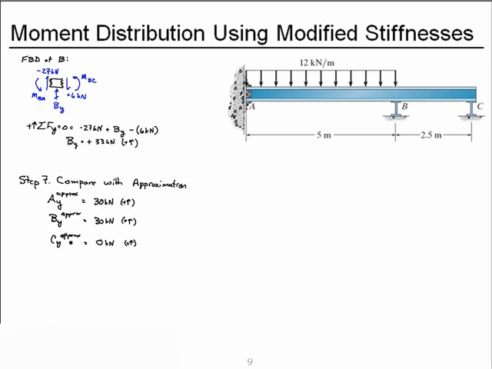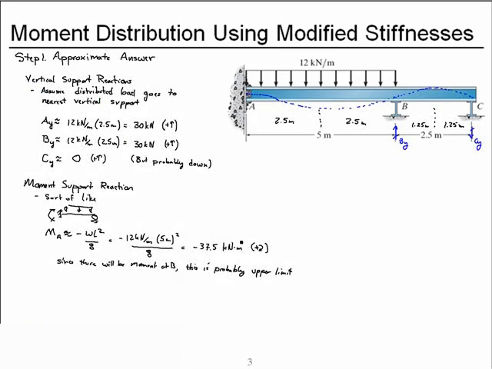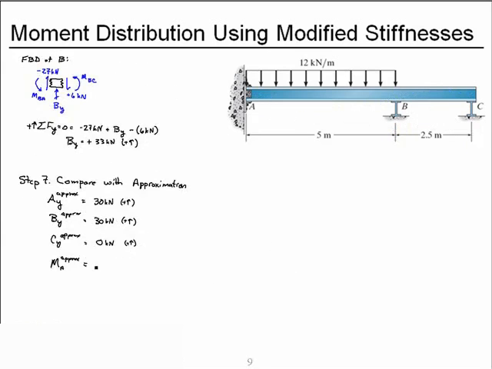And again, we expect CY to probably be down and not 0, but not a very large number compared to the other reactions. The moment at A we found to be approximately negative 37.5 kilonewton meters, and we expect that's probably an upper limit.